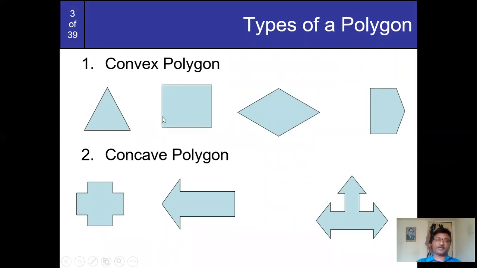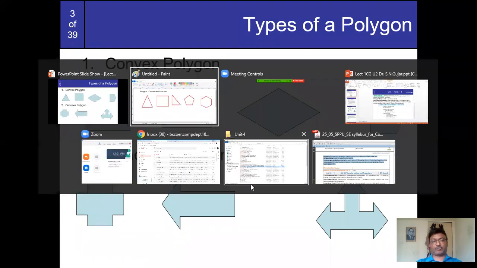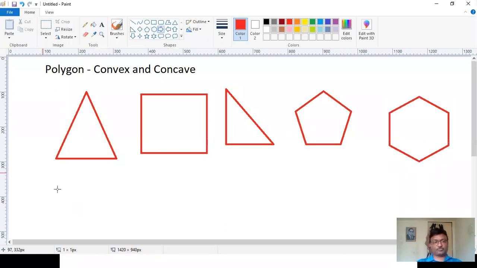See, the above three or four figures that I have drawn, this is the convex and this is the concave. But why is there a difference between convex and concave? So these are the figures I have drawn. Now another figure I am going to draw like this. This is again one of the figures.